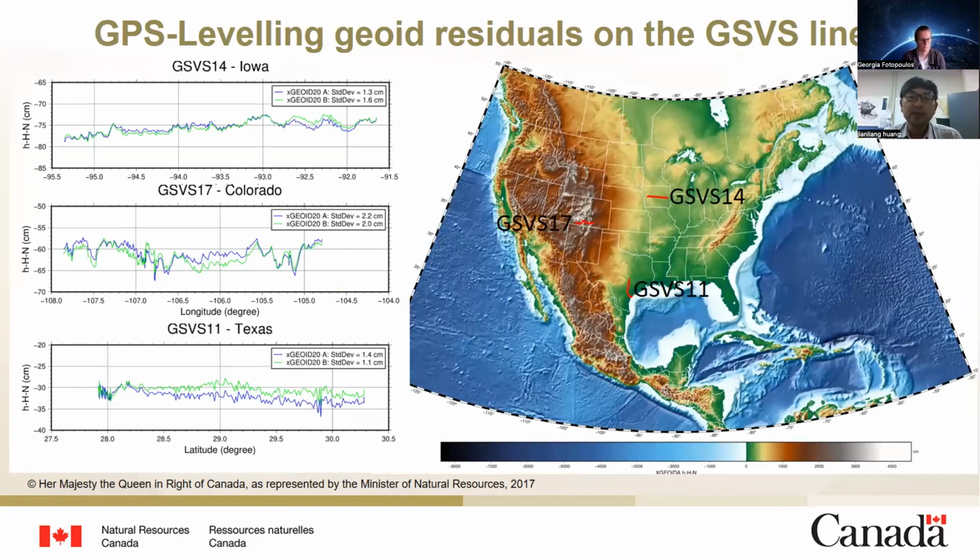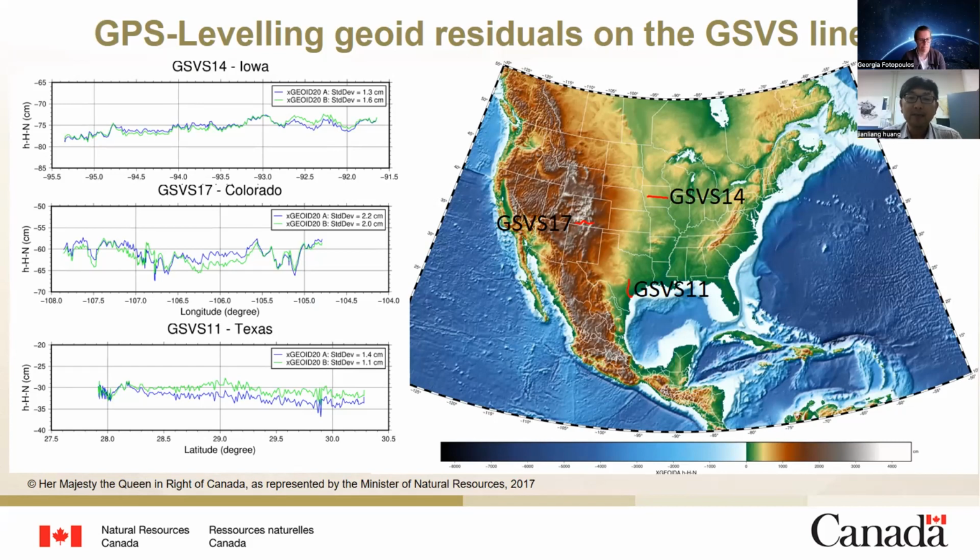US NGS established 3 so-called geoid slope validation lines for 3 types of terrain: GSVS11 for the flat terrain in Texas, GSVS14 for the moderate terrain in Iowa, and GSVS17 over mountainous Colorado.